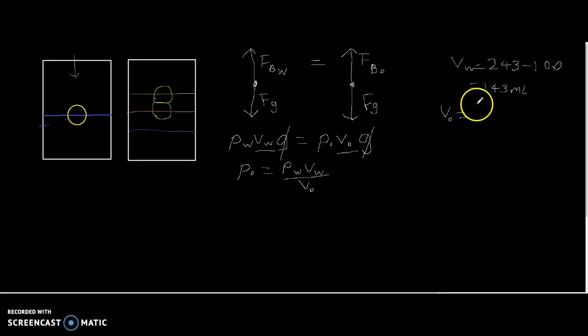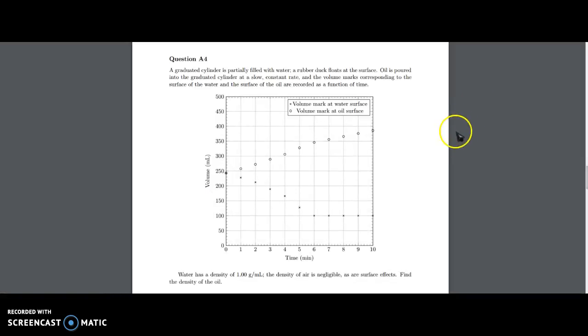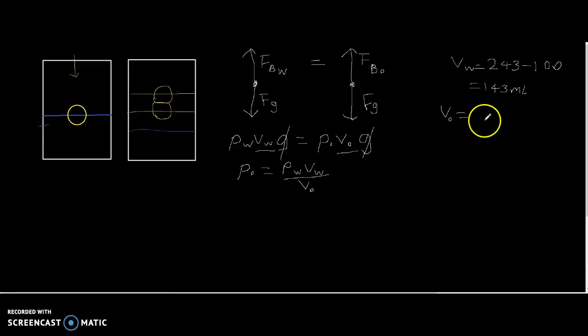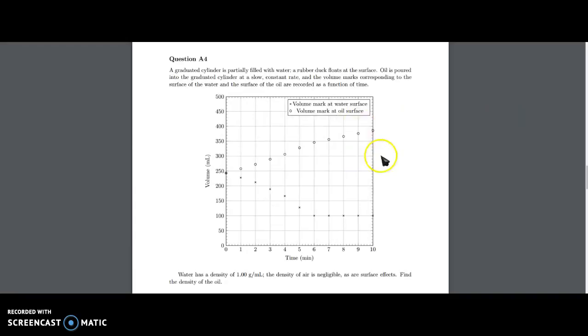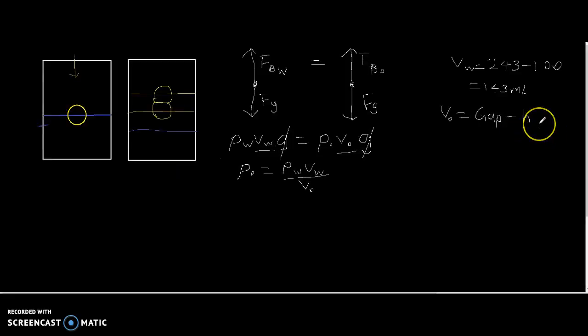It's the height, which in this case is the gap, minus the actual height h, the height when the duck is not even there.